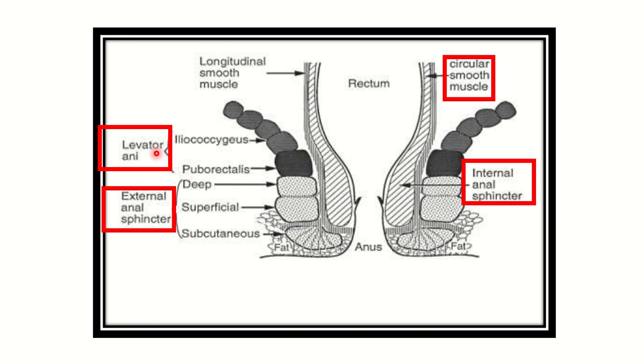It is formed by the levator ani muscle, which is divided into iliococcygeus and puborectalis. Then we can see the deep, superficial and subcutaneous parts of the external anal sphincter. The external anal sphincter is divided into the deep part, superficial part, and subcutaneous part. But in the internal anal sphincter, we can see there is no subcutaneous part.